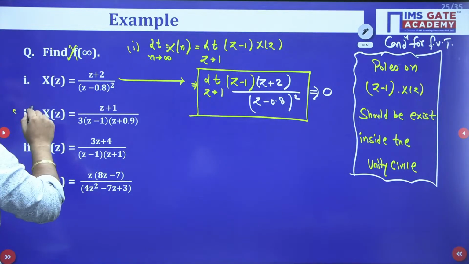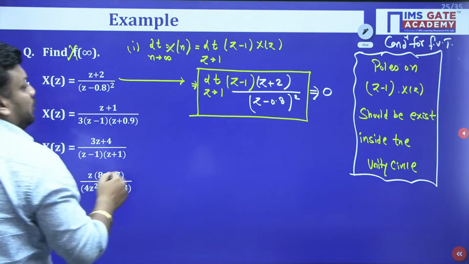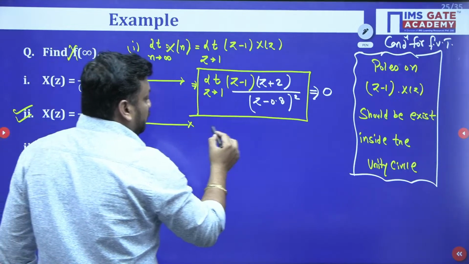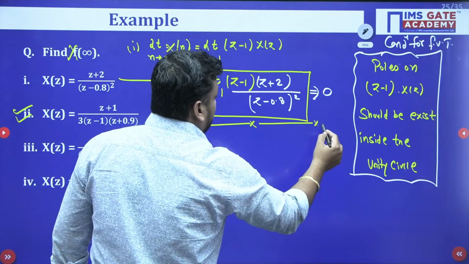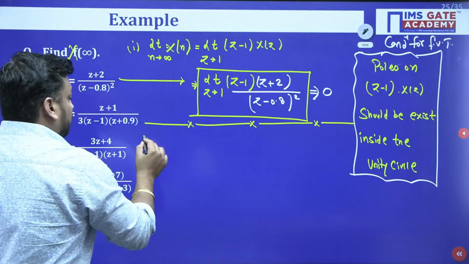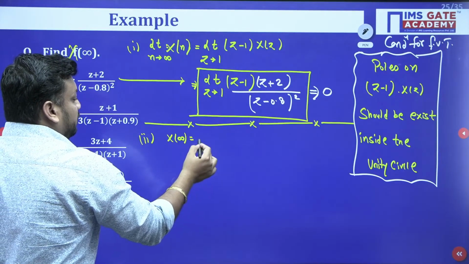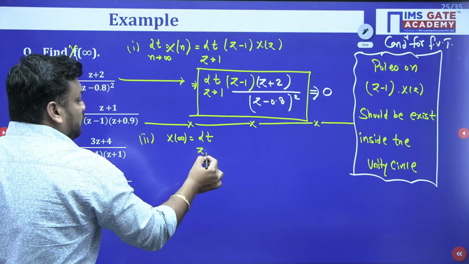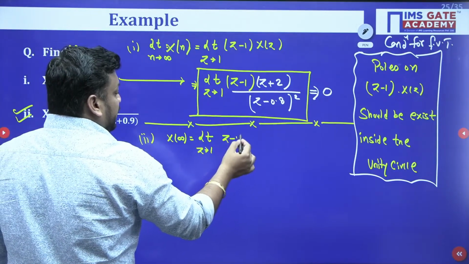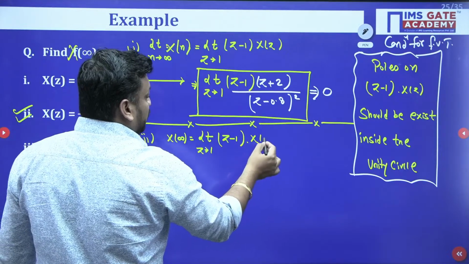Now tell me, guys, I am solving the second question now. So question number 1 is completed. I am just making space for the second question here. The second question says x of infinity is nothing but limit z tends to 1 of (z minus 1) into X of z.